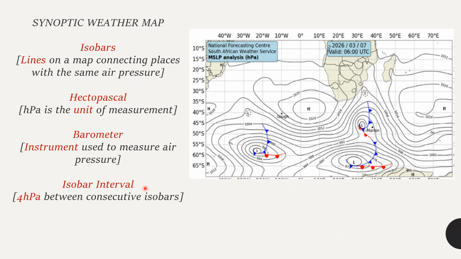So it's important to be able to identify atmospheric pressure by using the isobars on your synoptic weather map, as well as being able to read values and to remember that the values on each of the isobars represent a certain amount of hectopascal.